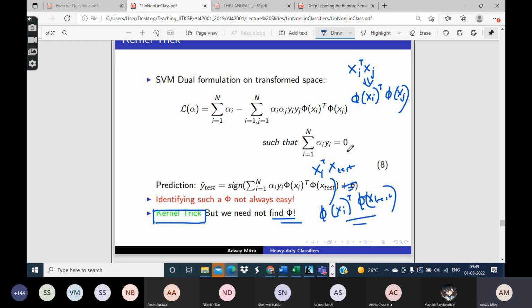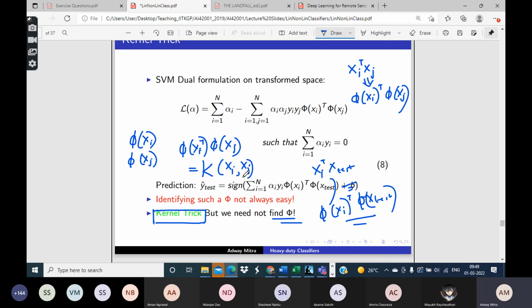That is, I do not know what phi xi is. I do not know what phi xj is, but I know what phi xi transpose phi xj is, and that is equal to some function capital K of xi and xj.